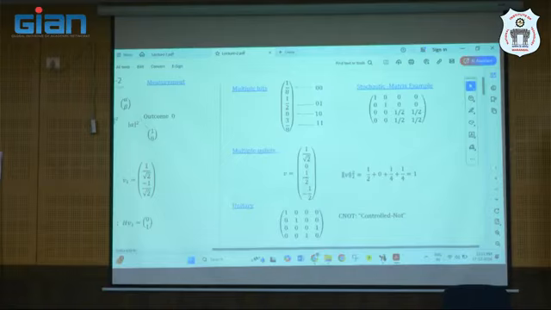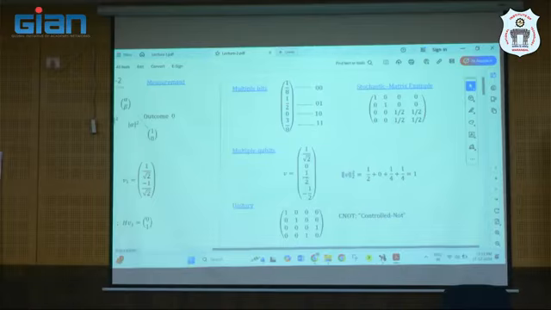Now multiple bits, now we have multiple qubits. A 2 qubit system we represent as a 4 cross 1 column vector with 4 entries. But now we have to have what property? L2 norm should be 1.